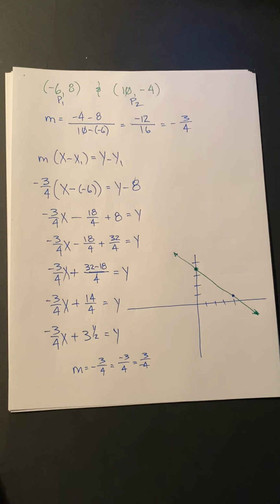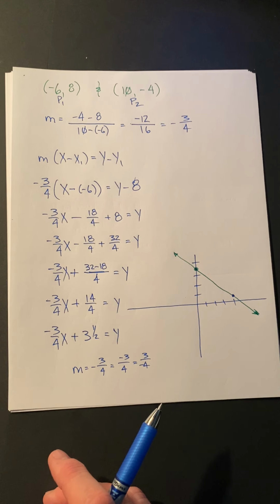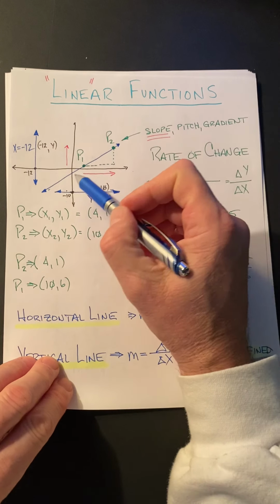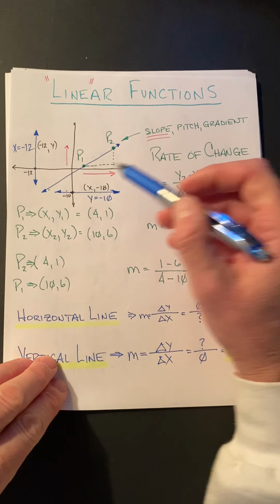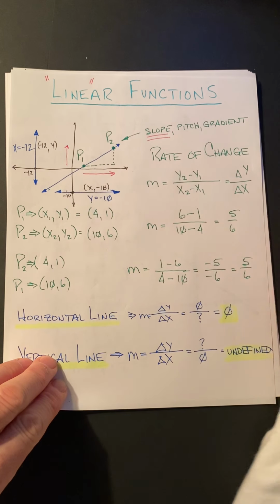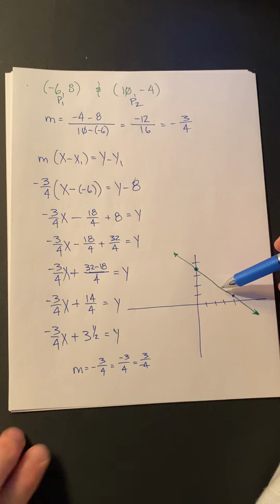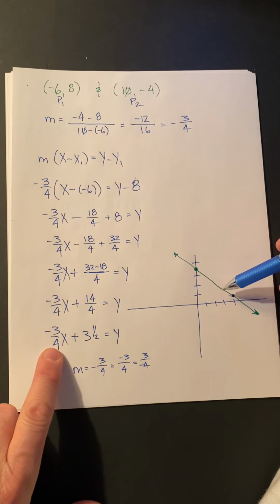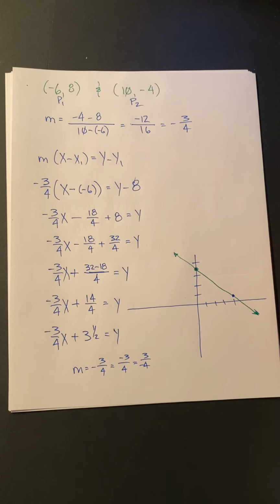So something I want you to notice here: when I have a positive slope, like I did in the very first example, I've got an increase going from left to right. When I have a negative slope, like I do here, I'm going to be decreasing as I go left to right.